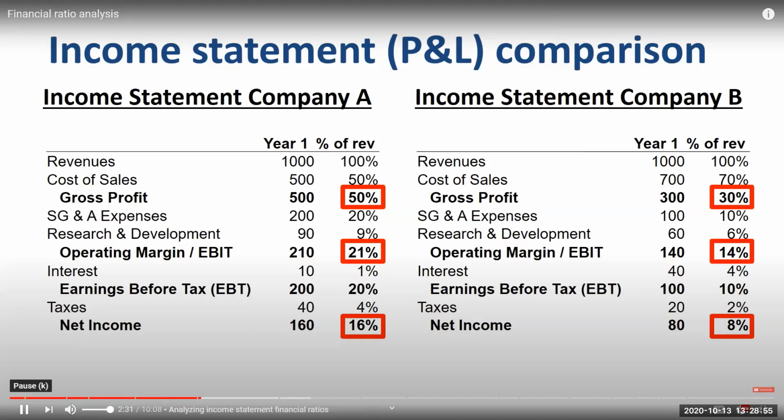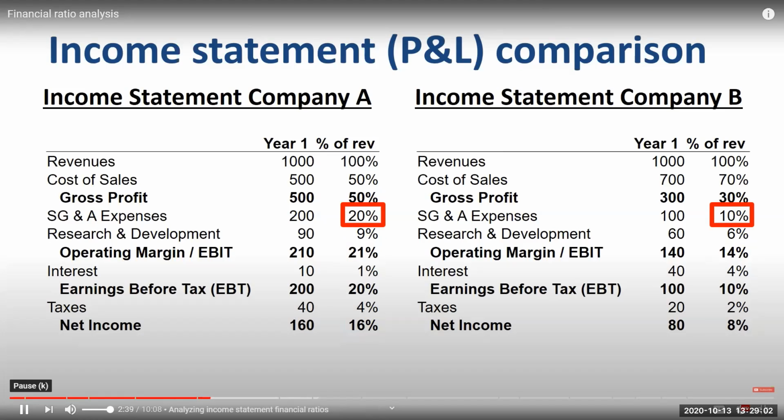What do we zoom in on for further analysis? Let's investigate the difference between gross profit and operating margin. This is mainly driven by selling, general and administrative expenses: 20% of revenue in Company A, 10% of revenue in Company B. The non-manufacturing costs for functional departments like sales, marketing, finance, HR, sourcing, legal and IT are far higher for Company A than for Company B. This could be related to the industry each company is in, the company's strategy, or the level of efficiency that it has achieved.